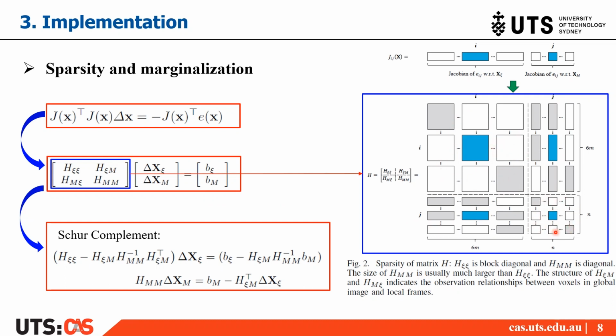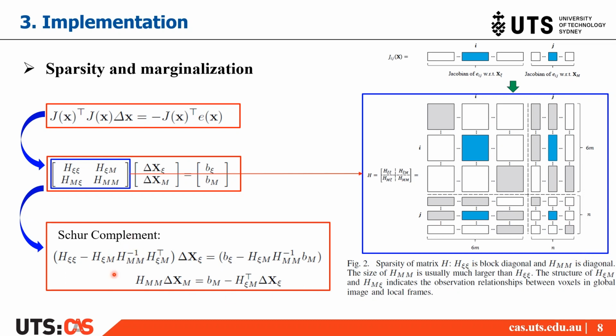Such a sparse structure is similar to many other BA problems, and we can use the Schur complement to calculate the step change of pose and intensity parameters sequentially. In general, the size of Hmm is much larger than Hxx since the number of voxels in the fused 3D image is much larger than the number of local images.